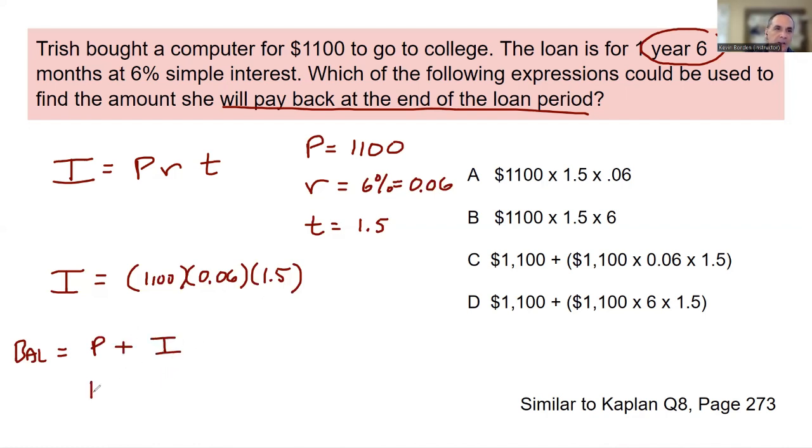That will be $1,100 plus what we did up here, $1,100 times 0.06 times 1.5. So the answer that matches that is this one right here. 1,100 plus this math here, 1,100 times 0.06 times 1.5.